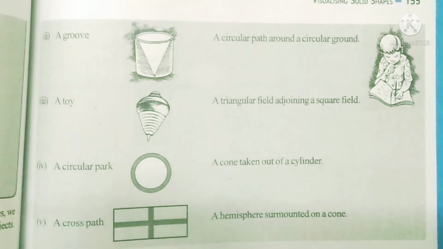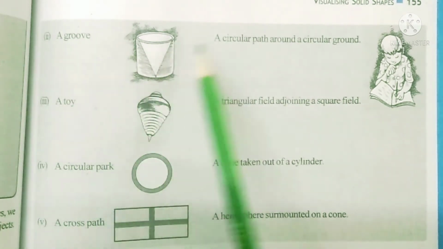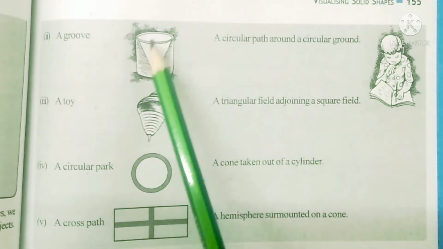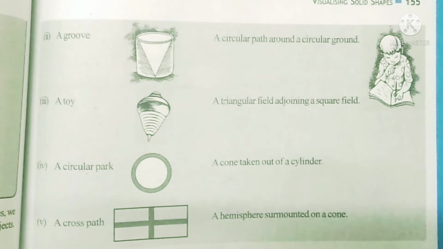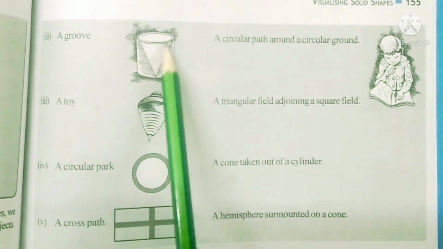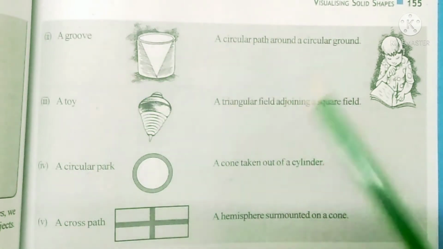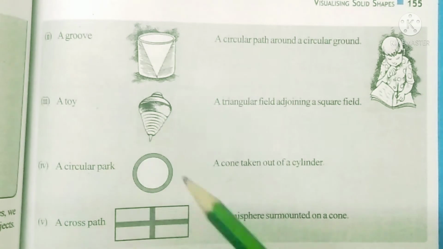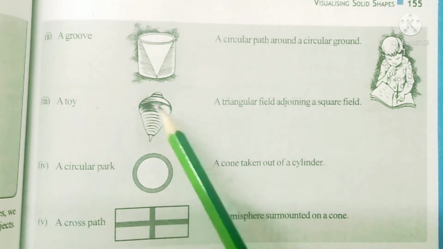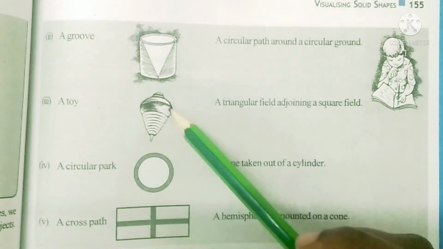If you see here, what is there? It is a groove given. Here there is a cylinder and then a cone is taken from that. So a cone taken out of a cylinder, like that you have to match. What is this? This is a toy which you play with, and the shape is a cone.